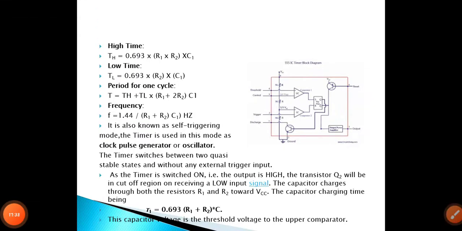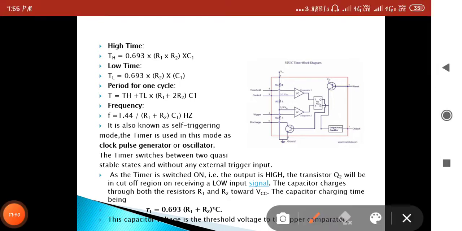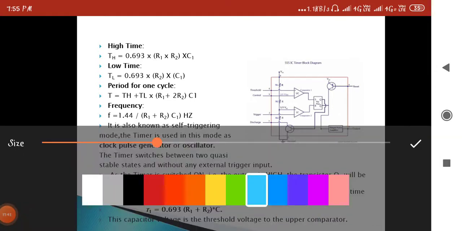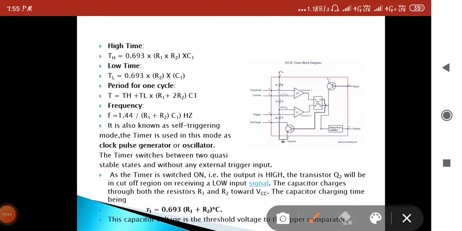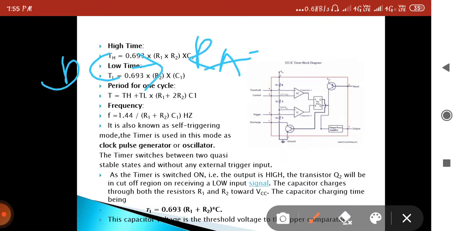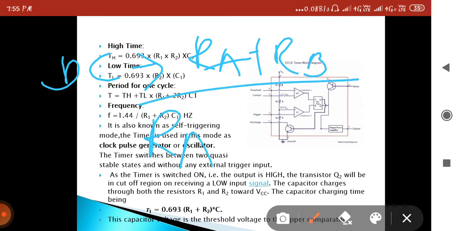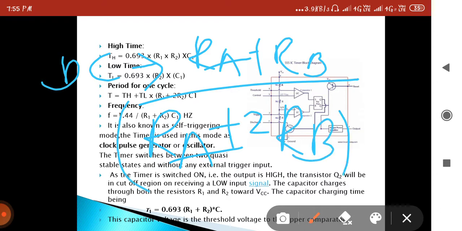Duty cycle equals RA plus RB divided by RA plus 2RB, with a percentage. Duty cycle is always in percentage.